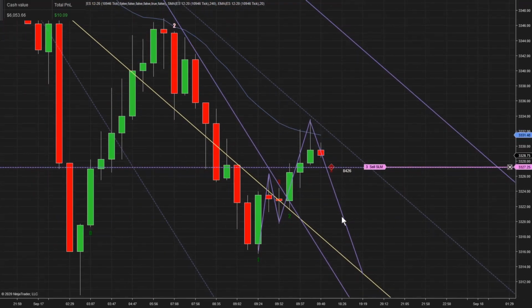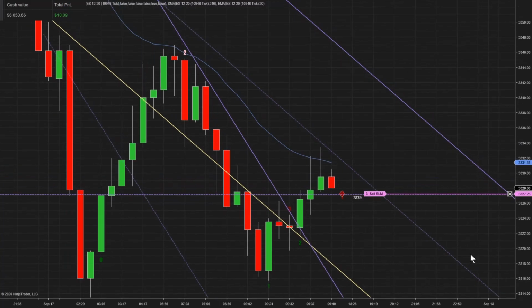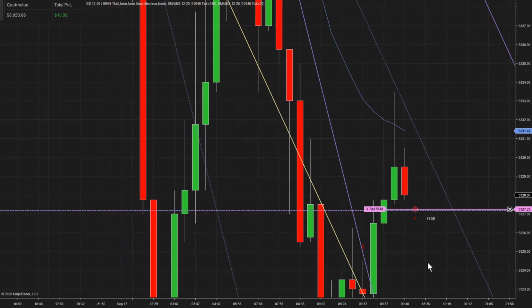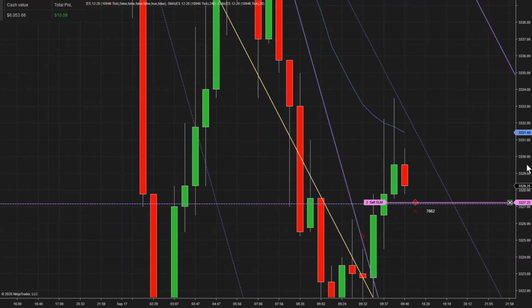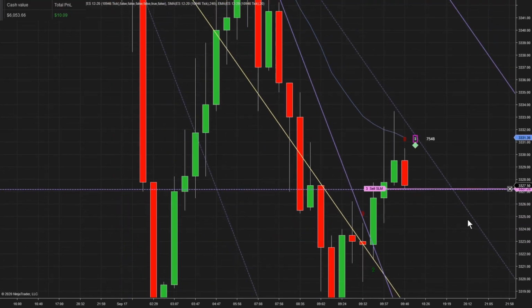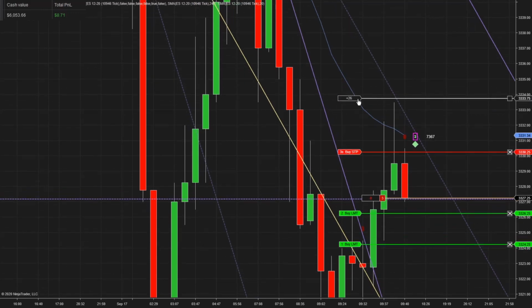And the 20 EMA is acting as resistance, long wicks, strong downwards trend here. Entered into the 10K for 1 point. Pretty sure we'll hit it.